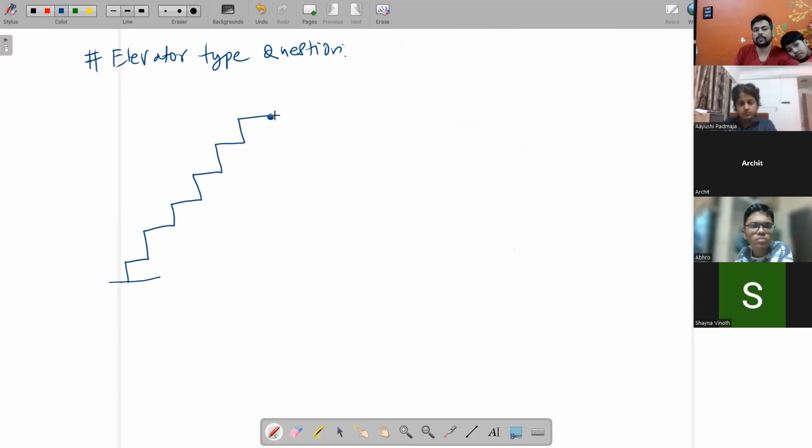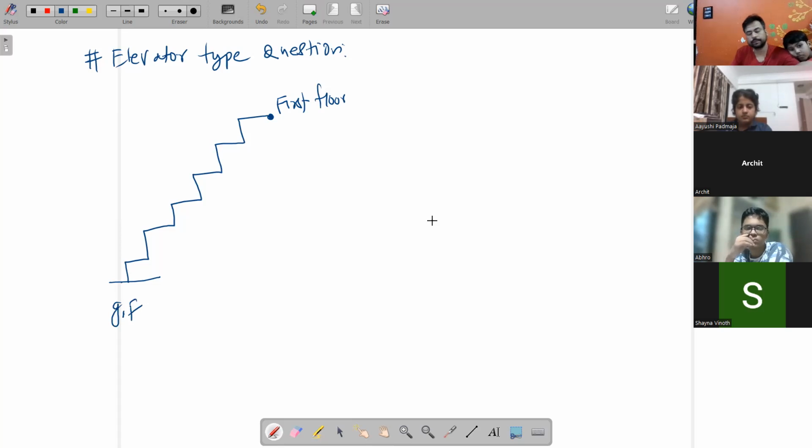This is, suppose, the first floor. This is the ground floor. Okay? Don't understand anything else. So suppose this length is L.